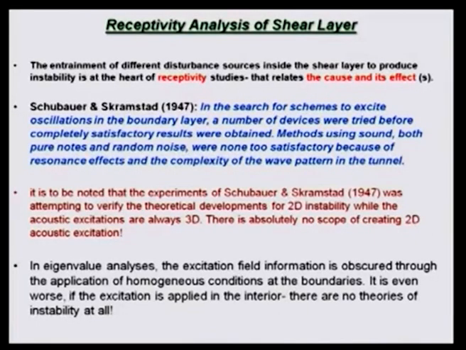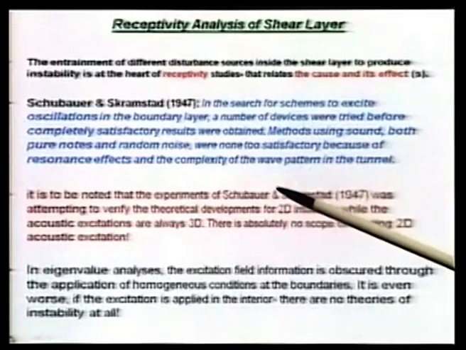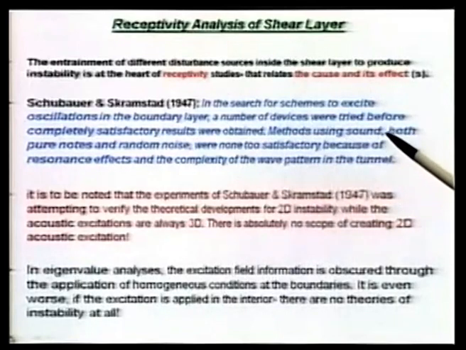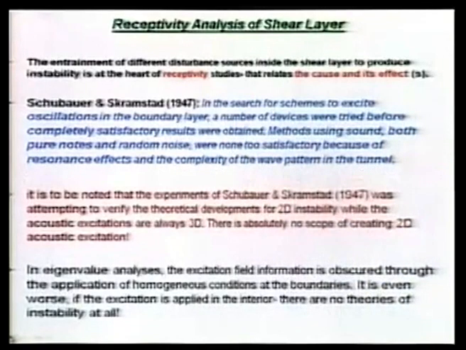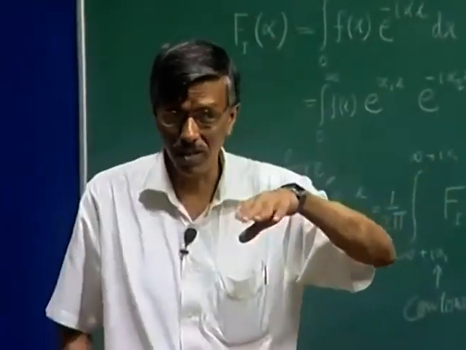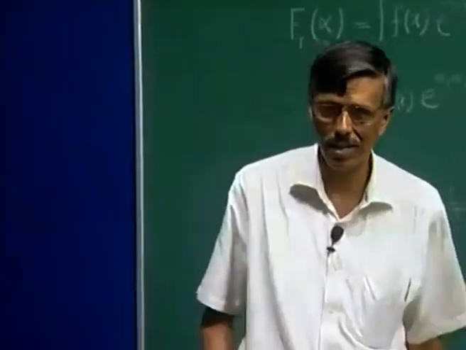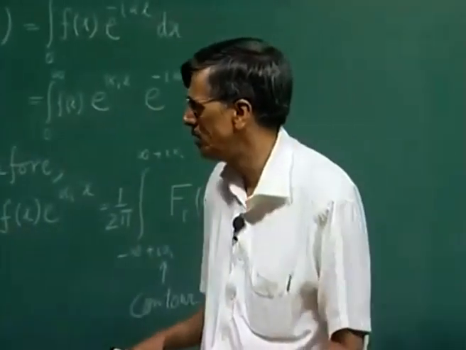They wanted to find out the best means by which instability waves could be excited, and this was what they had to say: in trying to work out a method, they found that methods using sound, whether it is pure tone or random noise, were not at all satisfactory, and all they could do is vibrate a ribbon inside the shear layer very close to the wall, not exactly at the wall, and they could get those Tollmien-Schlichting waves, right.